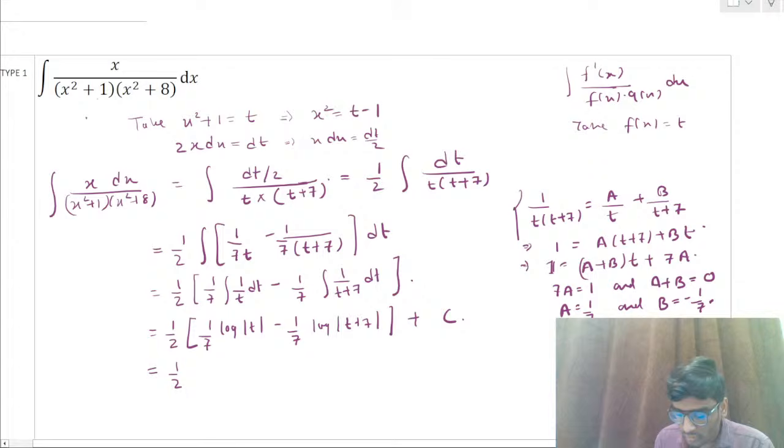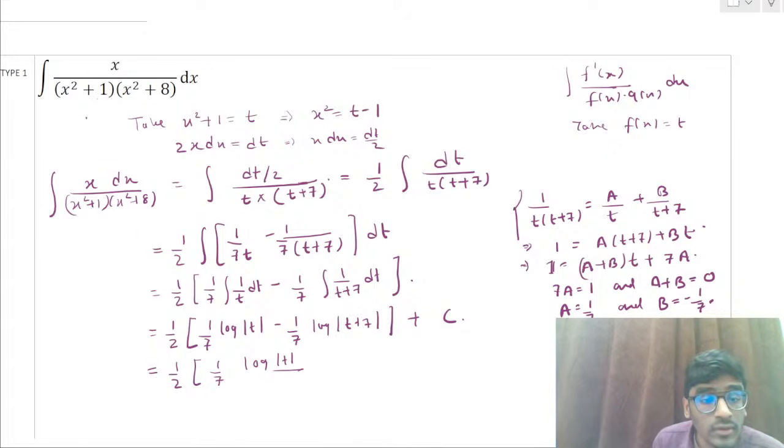This gives 1 by 7 log t minus 1 by 7 log of t plus 7. Here we are going to use the property log a minus log b gives log a upon b.